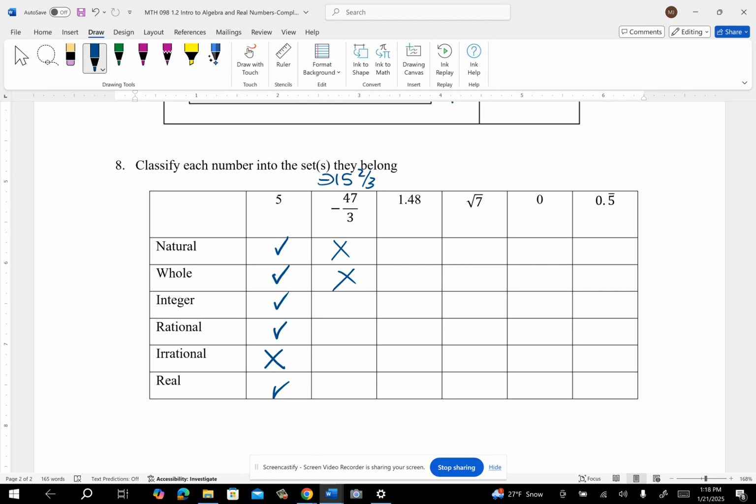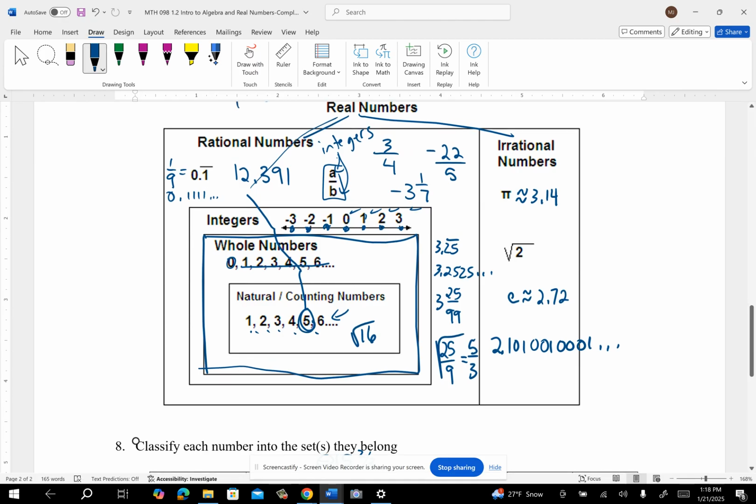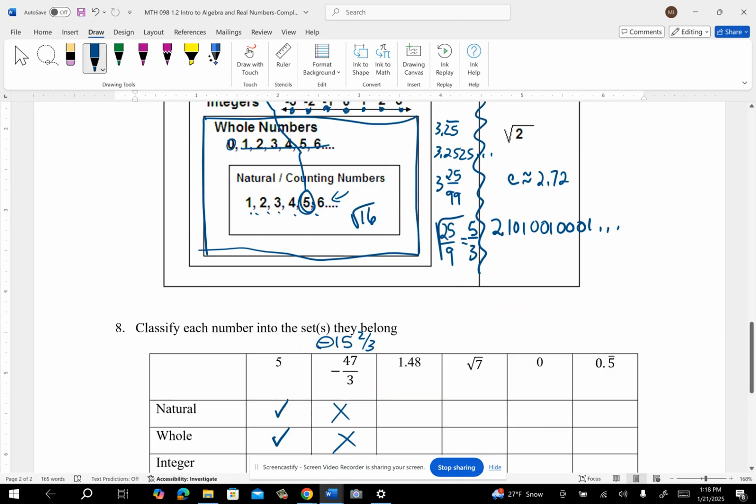So it has the negative, but an integer has to be nice, like just negative 15. So it's not an integer, but it is rational and it is real. If it's rational, it can't be irrational. The diagram shows how those are separate, right? Irrational or rational. You can't be both of those.